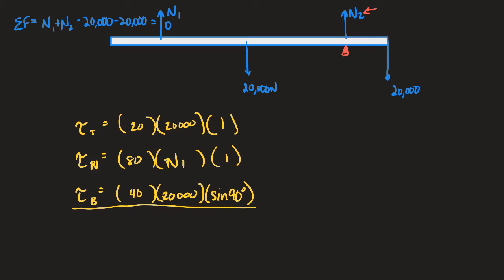The way I have this drawn, do you want this way to be positive or this way to be negative? All right, so this way is positive. That would be a torque that is into the board or into the page. So when I start looking at torques, the truck is going to cause a positive torque.